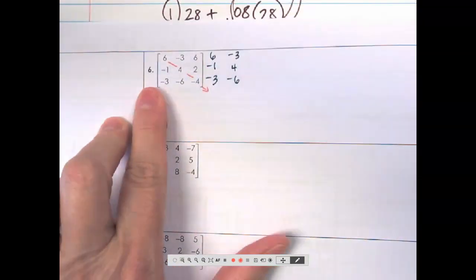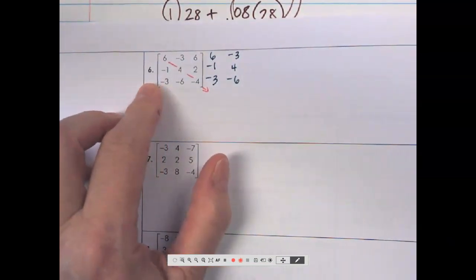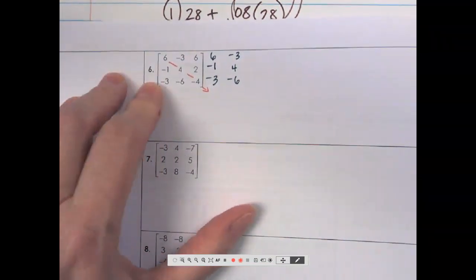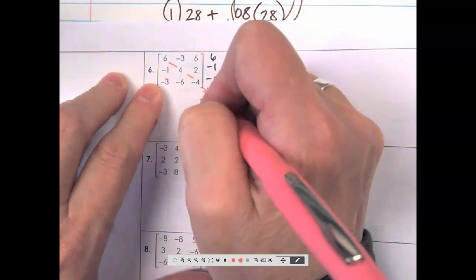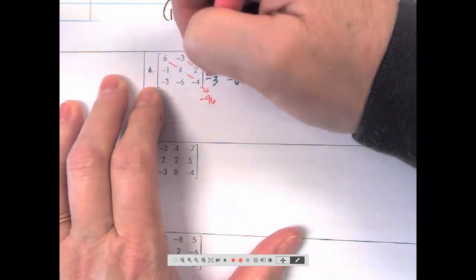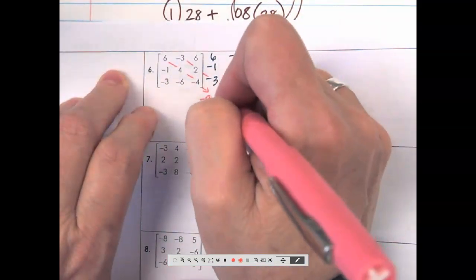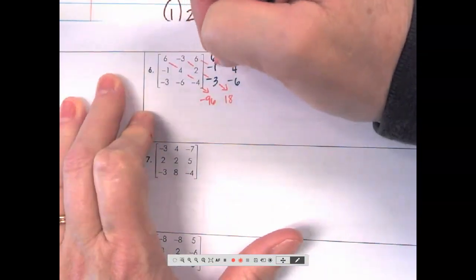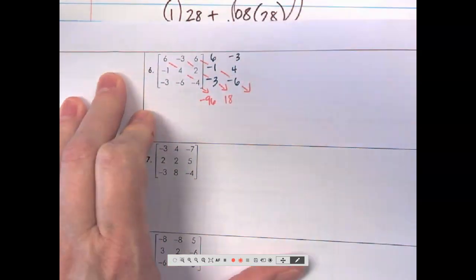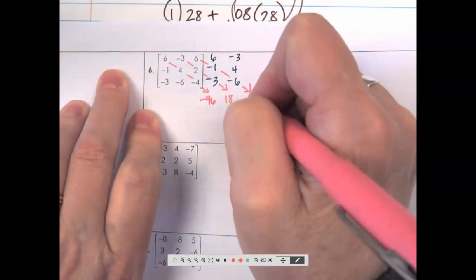Let's see, so that is 16 times 6. That will be a -96. That will be 18. And 36.